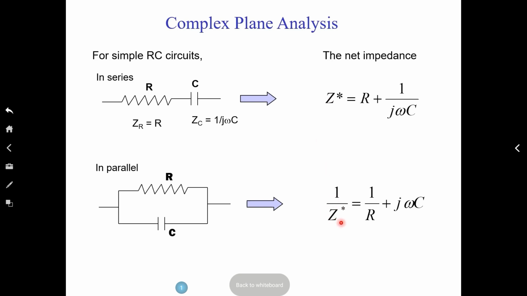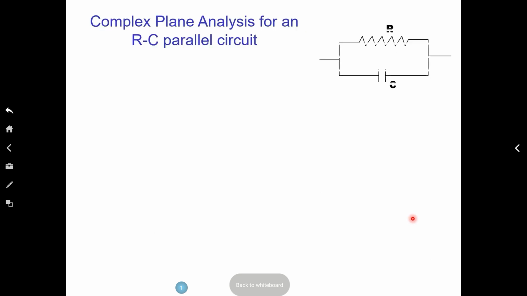So 1 over impedance will be 1 over R and 1 over the contribution from this one, which will be just J omega C. It's a parallel circuit. This is what we saw, that the effective 1 over impedance is 1 over R plus 1 over the contribution from the capacitor.